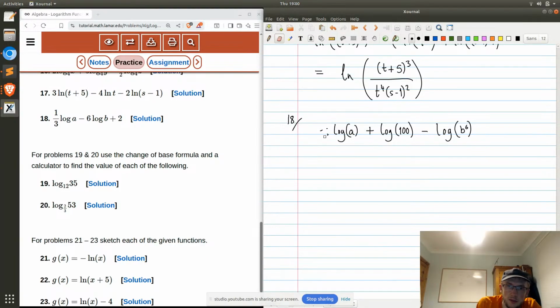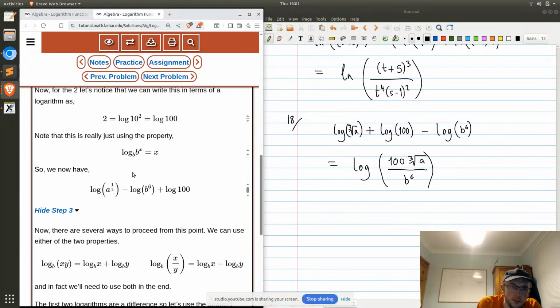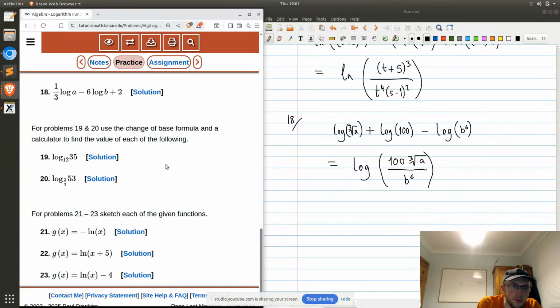And in fact, just to line it up in my mind, I'm going to do this. Well, I can barely see it. Yeah, like that. Okay, now let's do it. 100 cube root of a all over b to the 6. How about that? Hooray! Great.